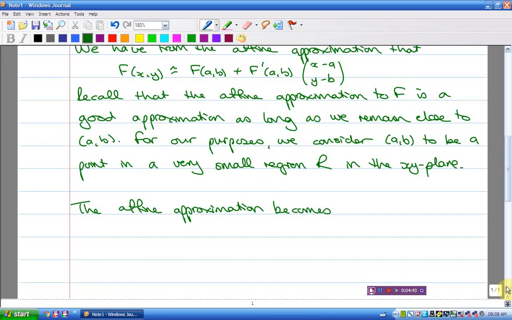The affine approximation becomes... Okay, all right. So I'm going to take that affine approximation expression that's at the top there, and I'm going to rewrite it in terms of u's and v's. Why? Well, we don't have to, but often these transformations are expressed in terms of functions like that. For instance, let me see if I can just pull up an example.